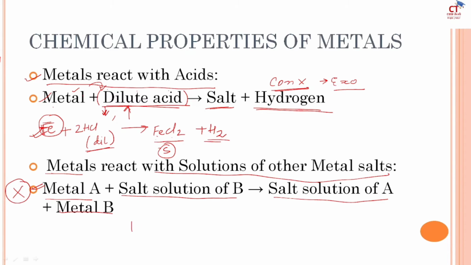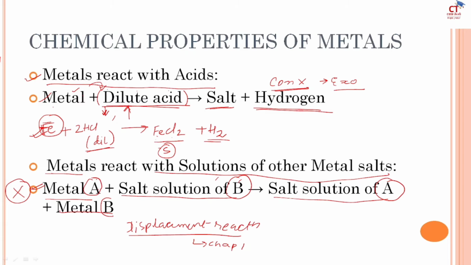This is an example of a displacement reaction. We have learned about this in chapter 1. Here metal A and salt solution of B were there as reactants. However, in the product, metal B is replaced by metal A.